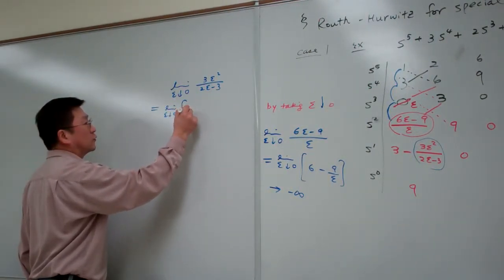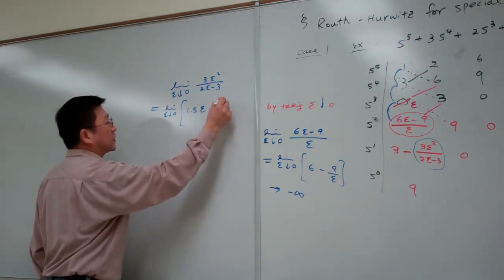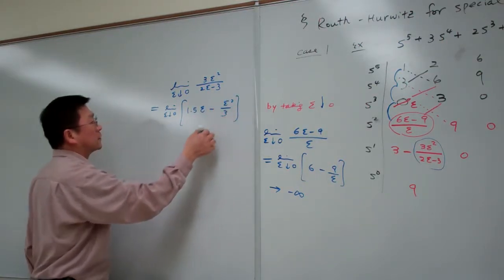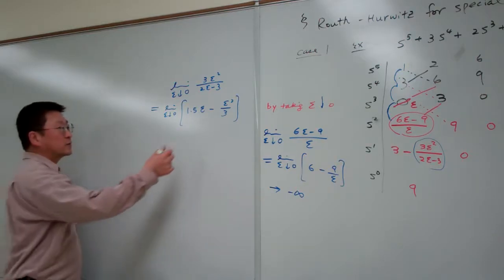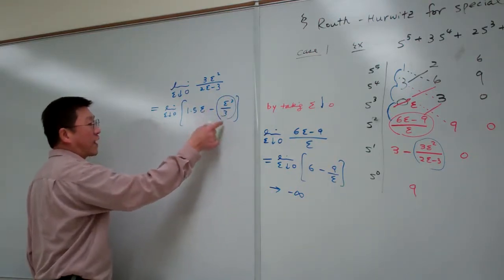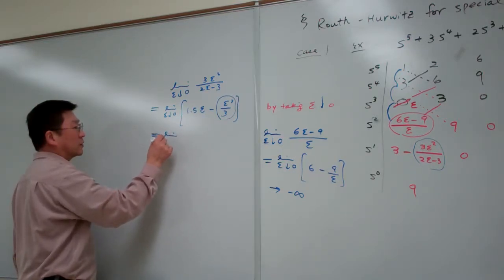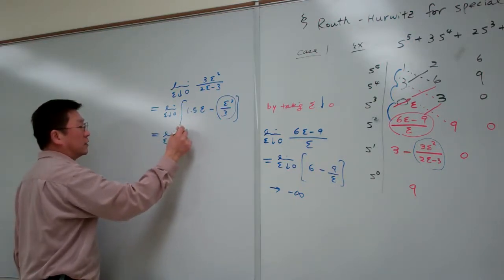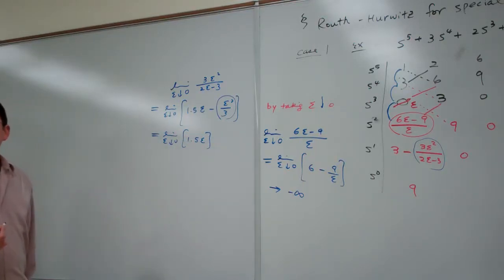The first term is 1.5 epsilon, the second term is 3 epsilon squared, right? So each term has epsilon there, so they're approaching 0. And actually this term approaches 0 faster than this one, so this term can be approximated by this one. Okay, so that is a positive number.